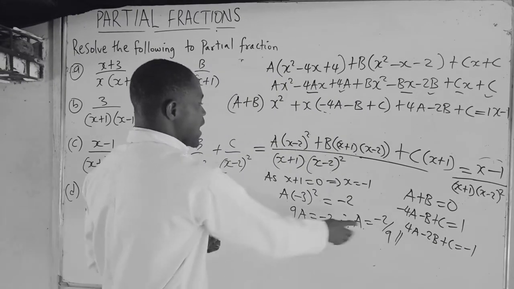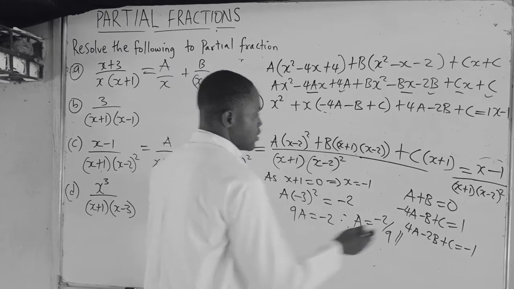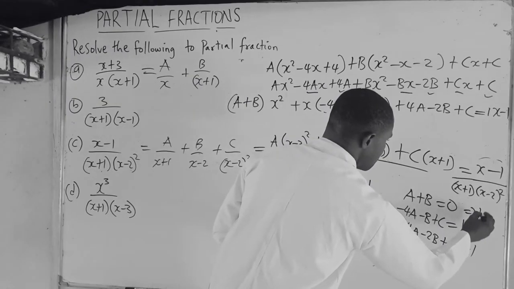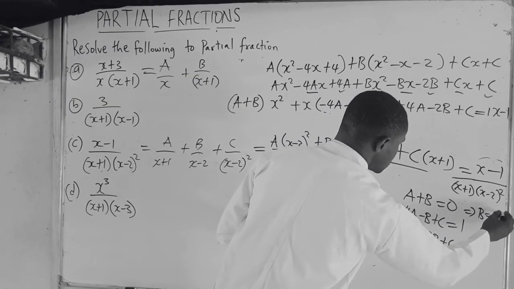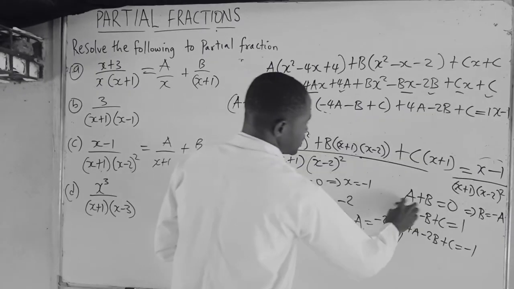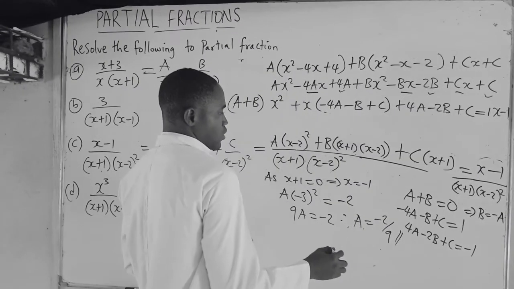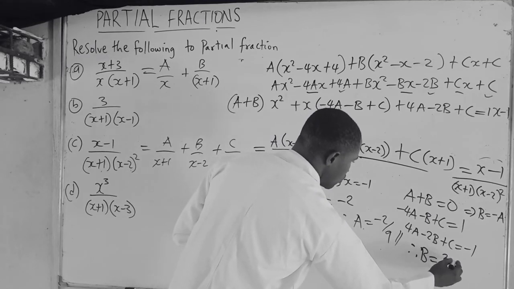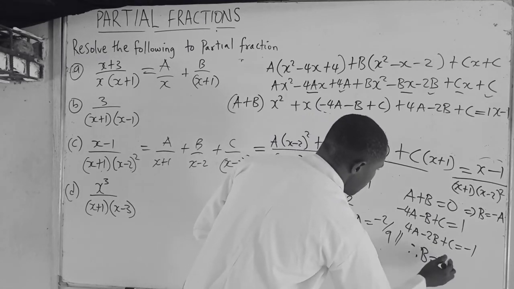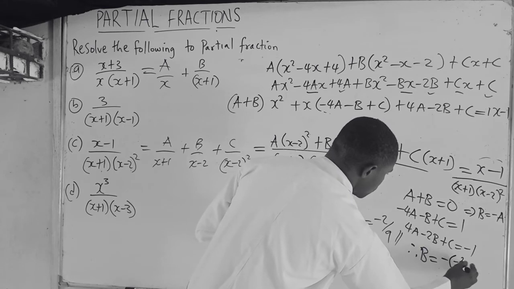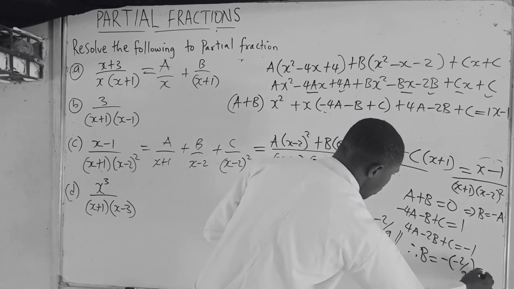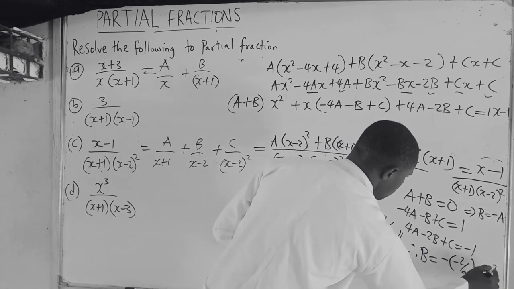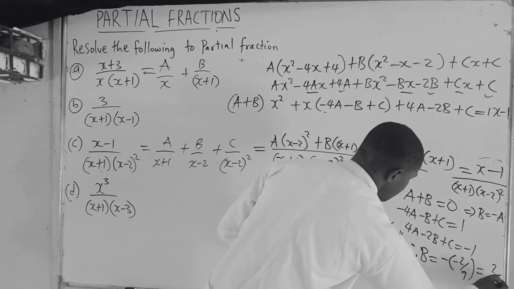Now, since our a is minus 2 over 9, it implies that b will be equal to minus a. As this goes the other side, therefore our b will be equal to minus bracket minus 2 over 9, equal to 2 over 9.